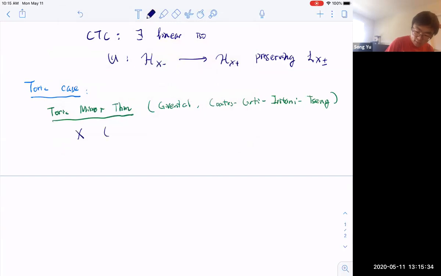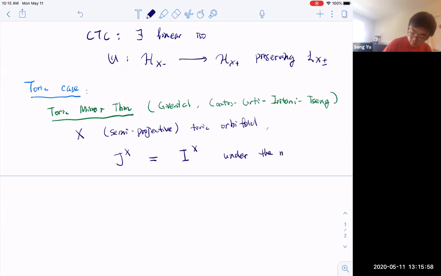if X is a semi-projective toric orbifold, then the J function of X is the same as the I function of X under the mirror map, which relates the Kähler parameters on the A side to the complex parameters on the B side.